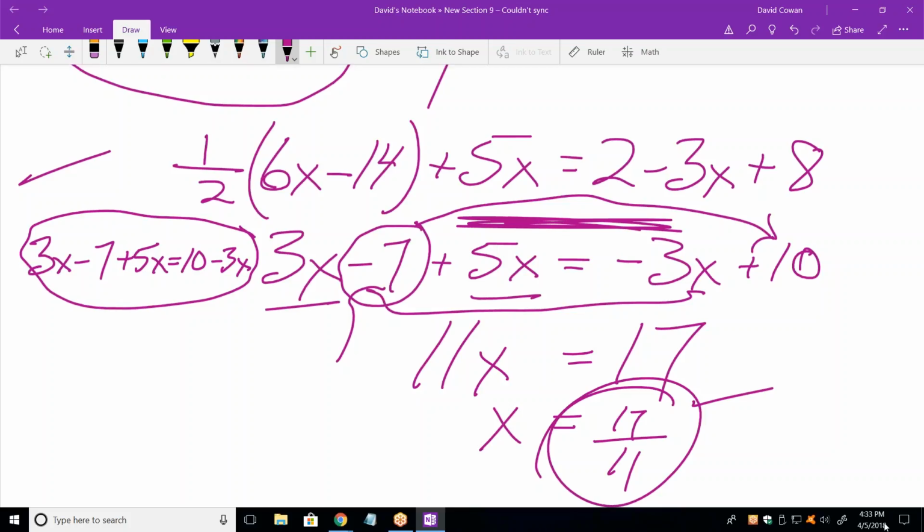No, it's exactly what we got. Oh, wait, 3x minus 7 plus 5x, that's what we got right there. And they just switched the terms over here. That's the same as 10 minus 3x. All right. So this is the answer. Okay. I was just confused.